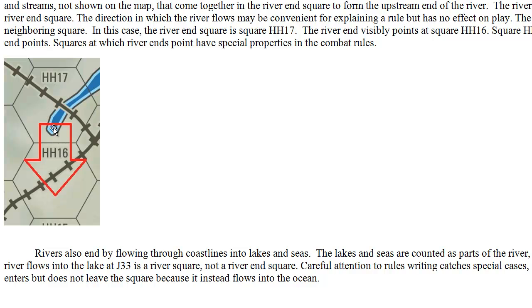It just means the river gets a bit wider, so, for example, too far to see across. It is significant that this river end square points at square HH16. The rules distinguish between squares at which river ends point and squares at which river ends do not point. That distinction is important and has to be preserved on the map.